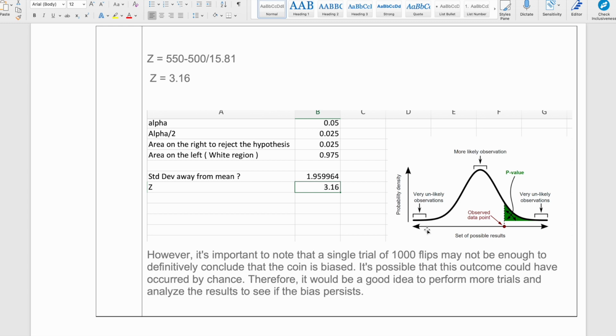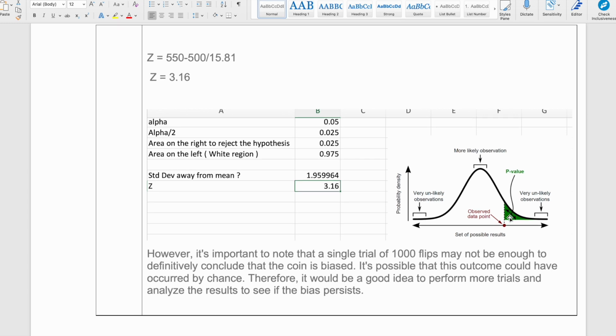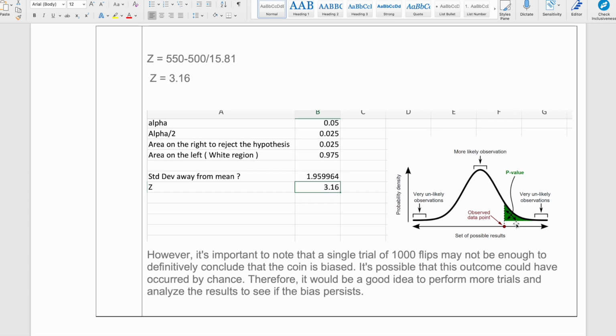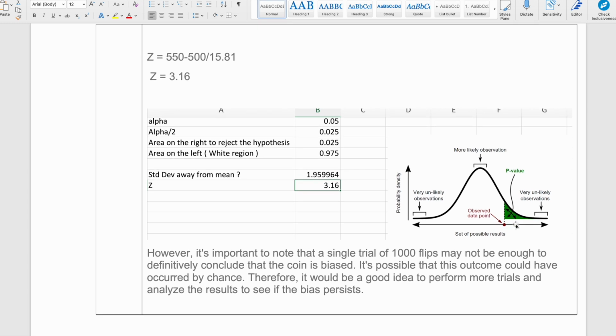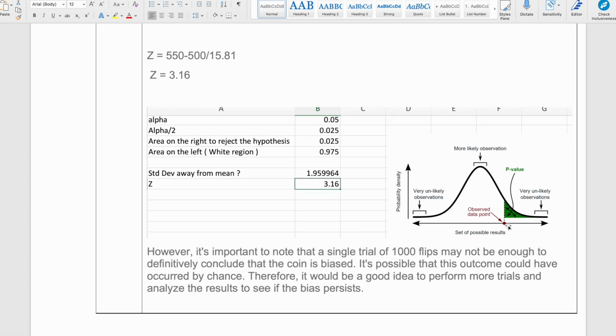But one thing we should note is that it is just one sample. It may happen by chance that we have landed in a particular sample where we have gotten 550 heads, correct? So probably we should repeat this test multiple times.